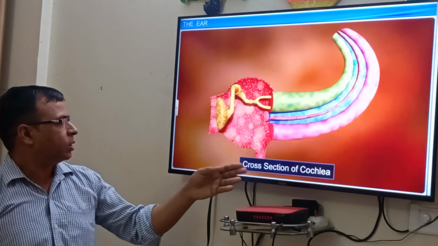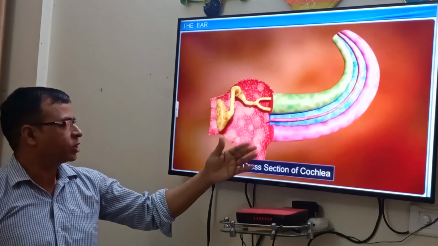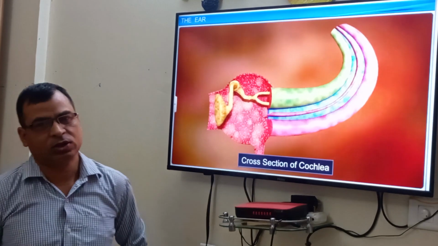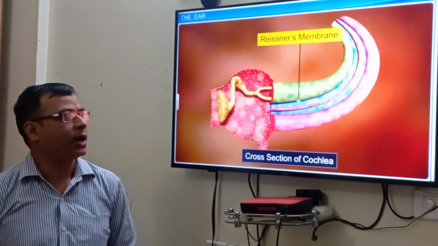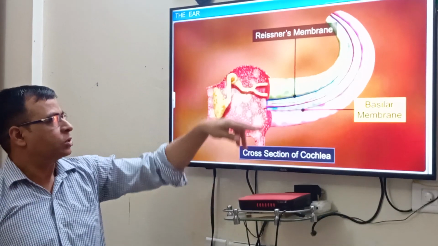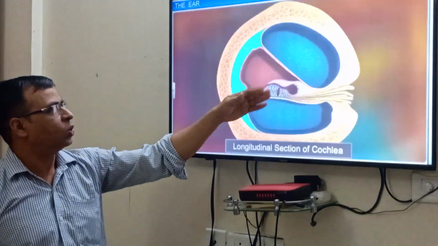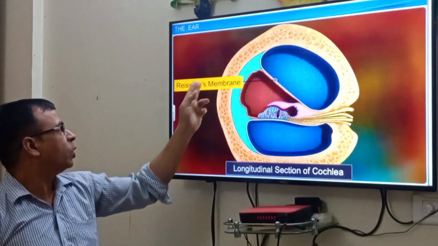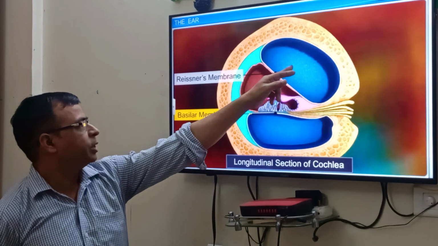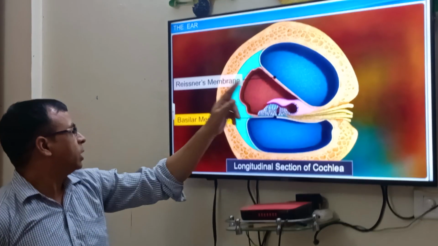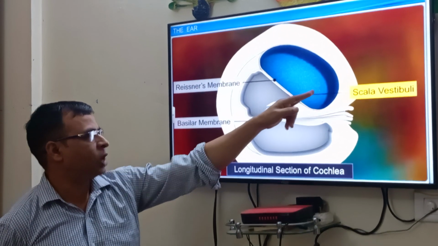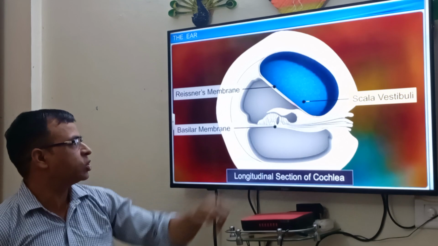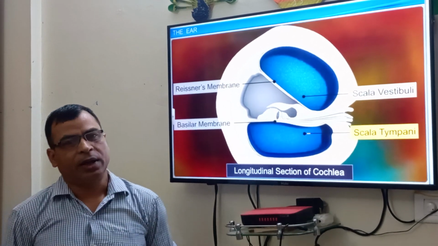If you make a cross section of the cochlea, it has two membranes, the basilar membrane and the Reissner membrane, that divide the cochlea into two. The upper portion is called the scala vestibuli, and the lower portion is called the scala tympani.